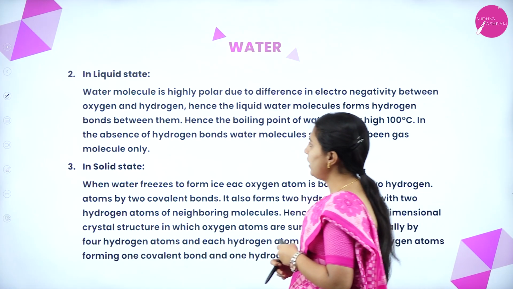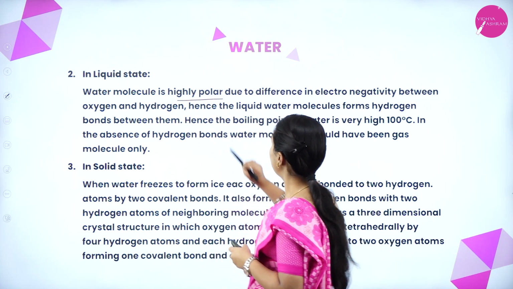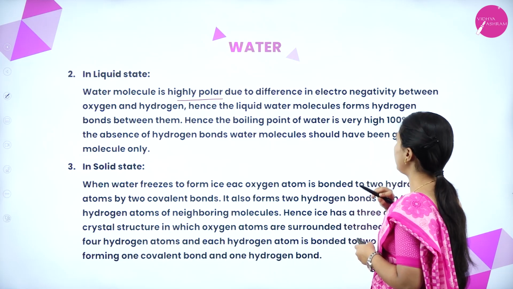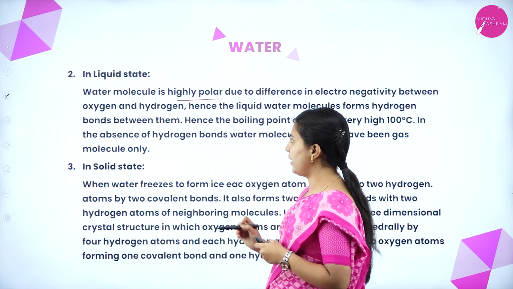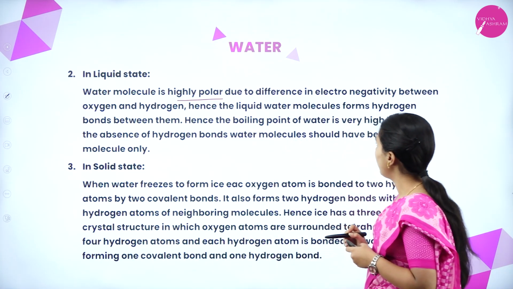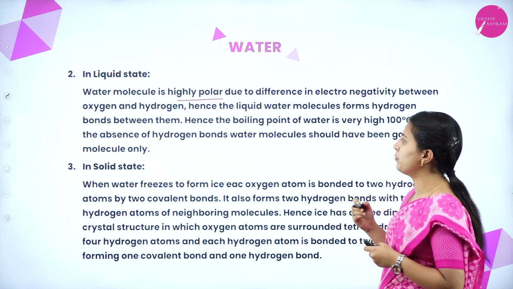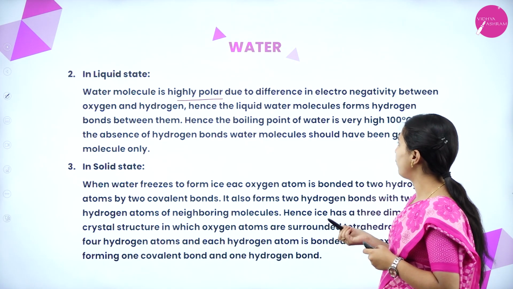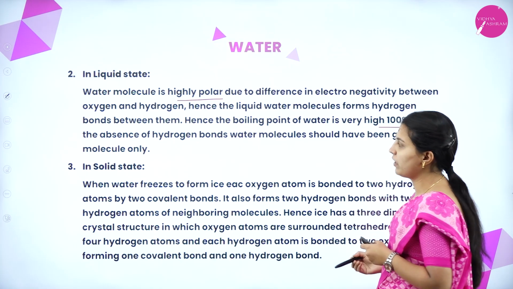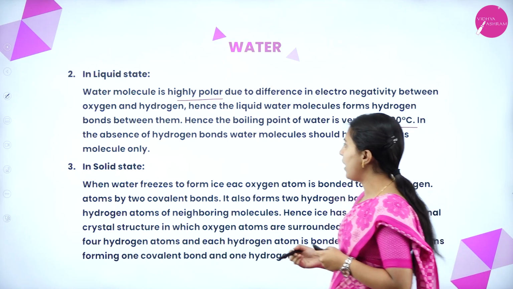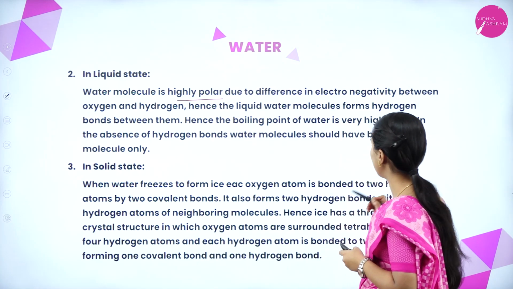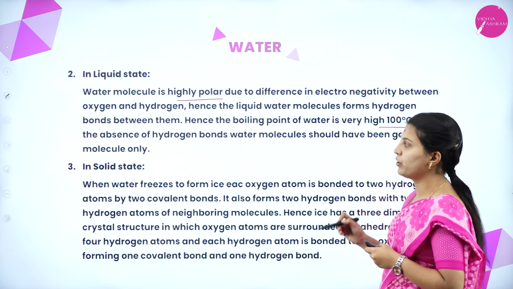Next, in liquid state, the water molecule is highly polar due to the difference in electronegativity between oxygen and hydrogen. Hence, liquid water molecules form hydrogen bonds between them. Hence, the boiling point of water is very high, that is 100 degrees Celsius. In the absence of hydrogen bonds, water molecules should have been gas molecules only.